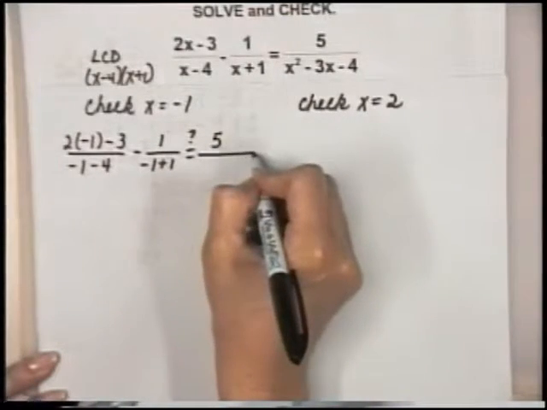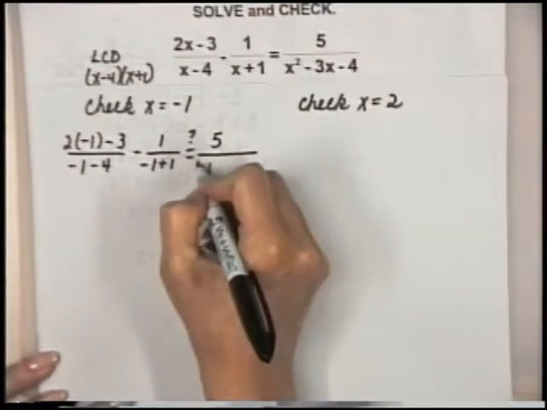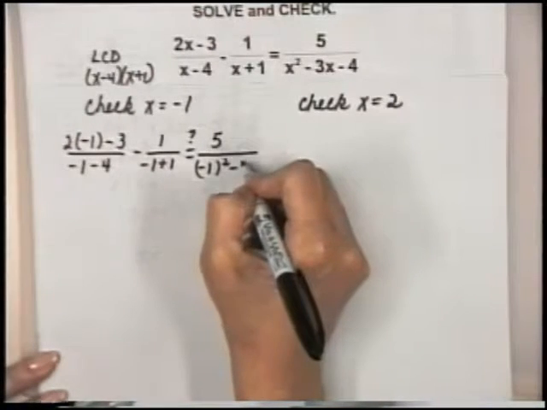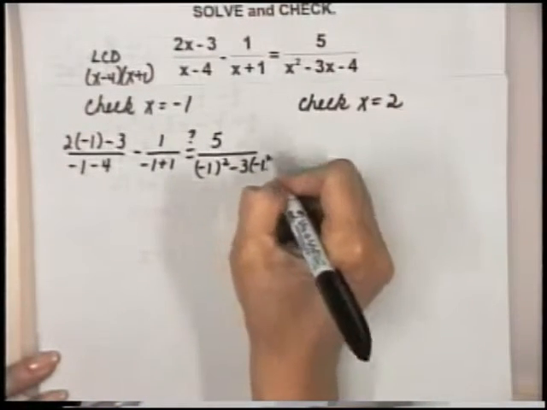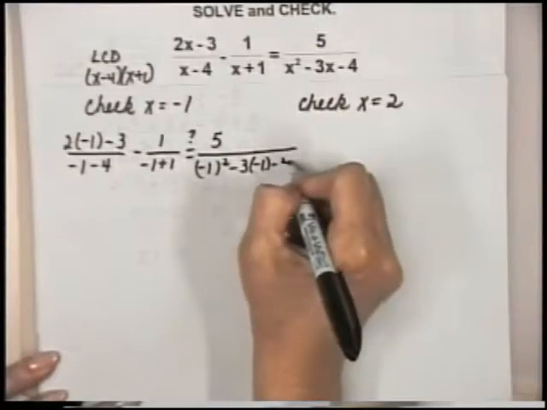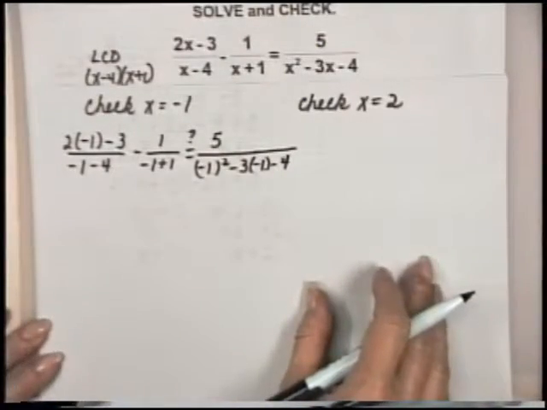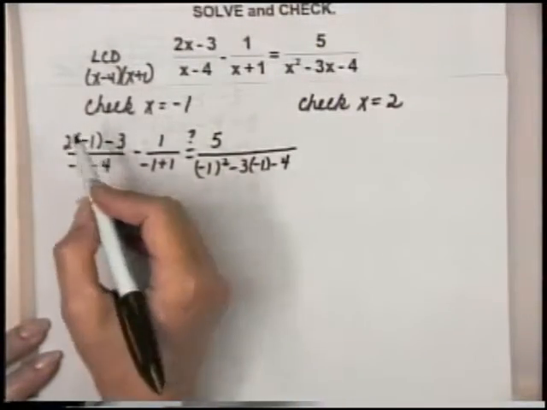Does that equal 5 over -1 squared subtract 3 times -1 subtract 4?